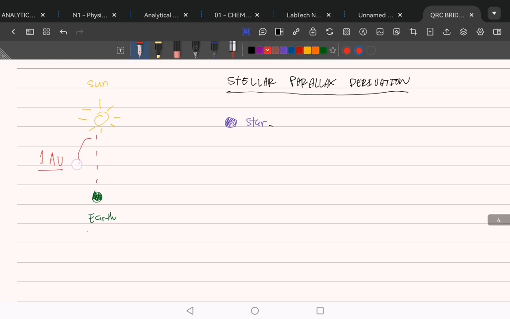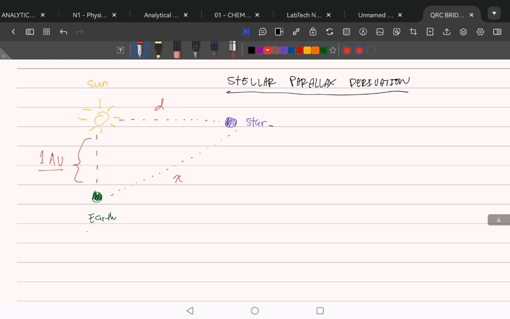Okay, yan yung distance of the Earth from the Sun. And there is a distance also of the star, okay, which we can represent by letter D, as well as the distance of the star to the Earth. Okay, or maybe we could just say that this is X.